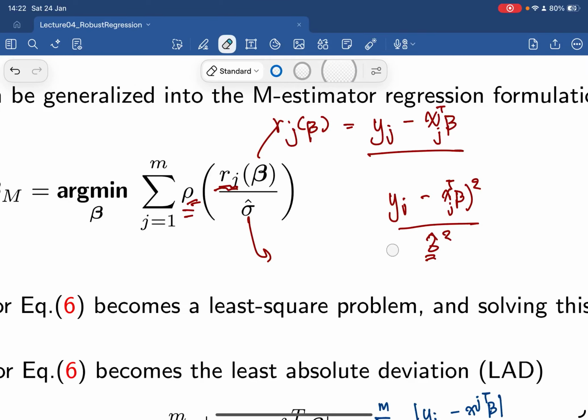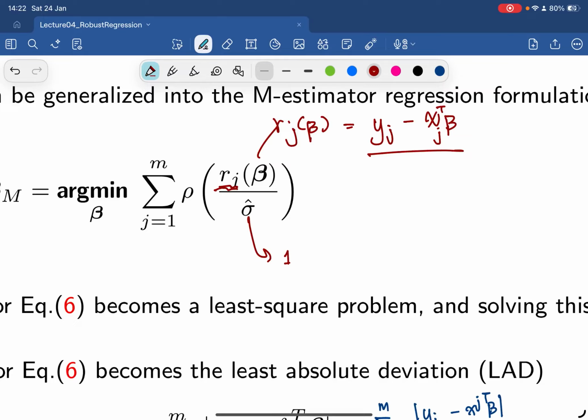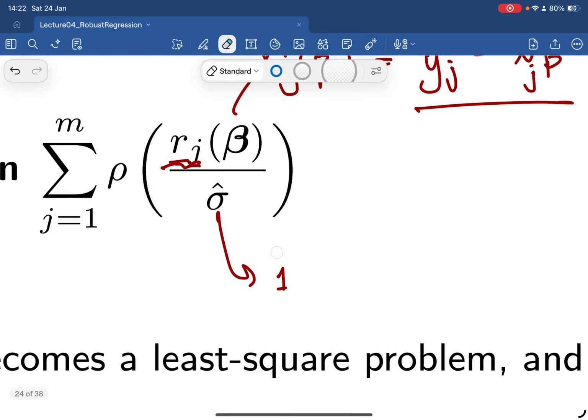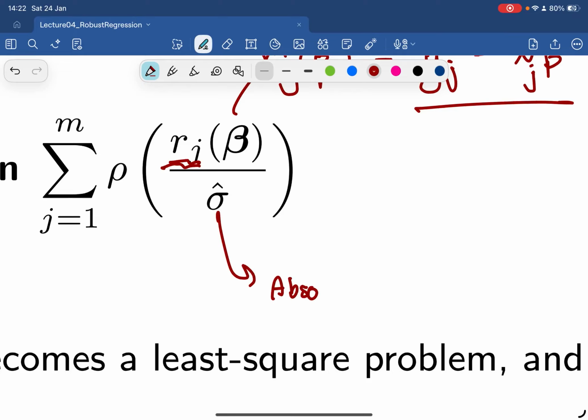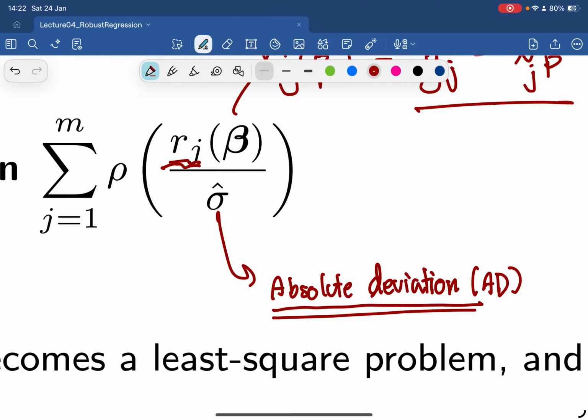But in our case, since we want the rho function to be L1, this becomes the absolute deviation, or AD. And in fact, for the whole entire residual, you should get the same absolute deviation, right?